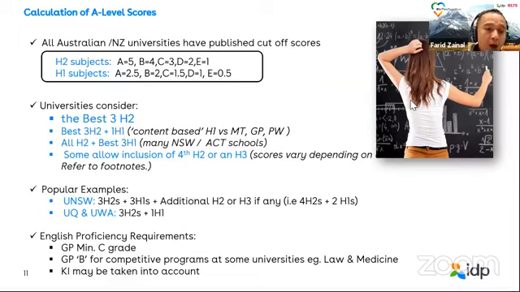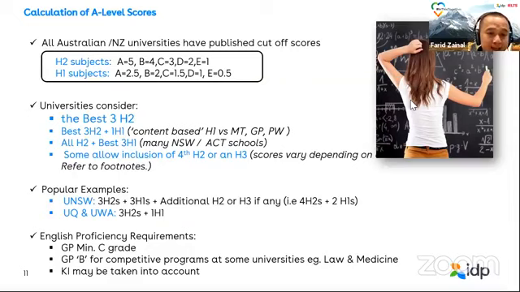Other forms of computation include all your H2s, if you have done as many as 4 H2 subjects, and your best 3 H1s, and lastly, including your 4th H2, or even an H3 subject if candidates have attempted one.